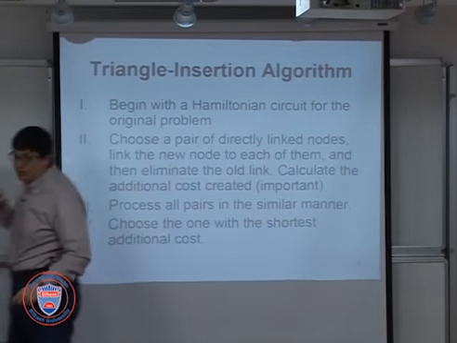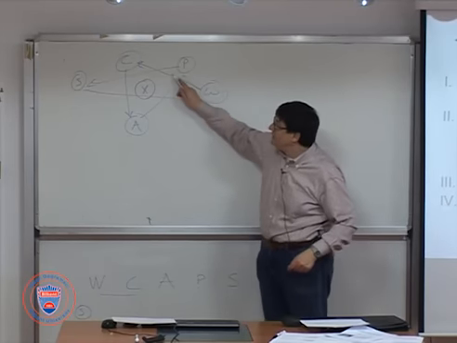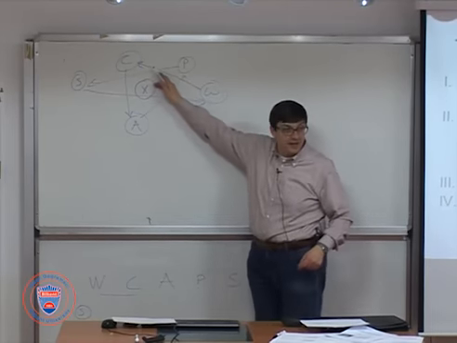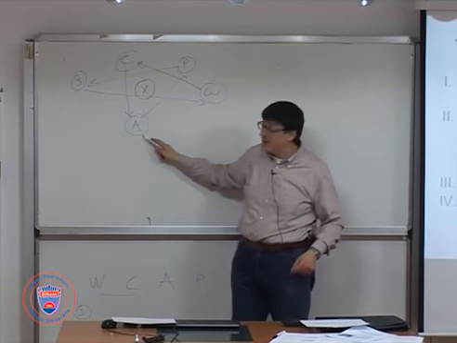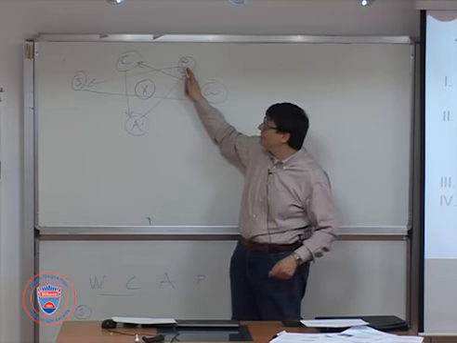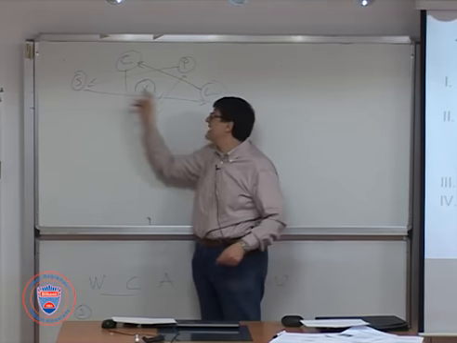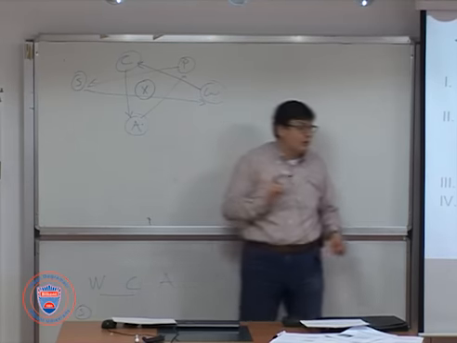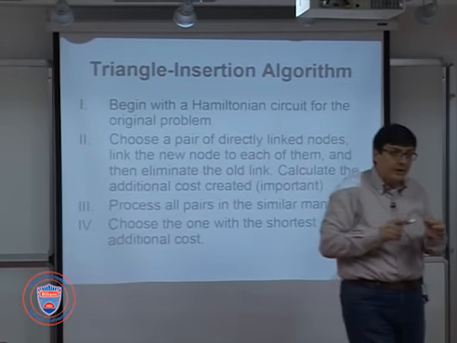So what you do is very simple. This X may go here, between W and C. It may go in between C and A. It may go in between A and P, or it may go in between P and S, or it may go in between S and W. So this new node that you add in can go anywhere.